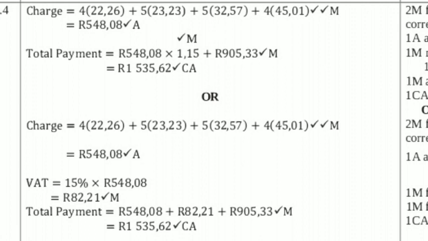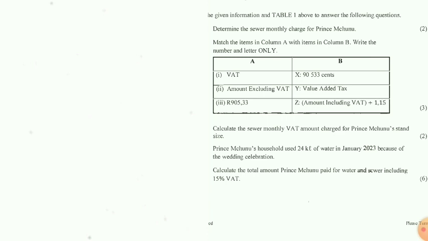For those who have written and listened to me carefully, I said in the beginning, calculate the total amount Prince paid for water and sewer. So the 905,33 is the sewer. That's the mistake many learners make in Maths Lit, that they don't read the question. Then the final answer is 1,535,62. Okay, let's go for the long way.